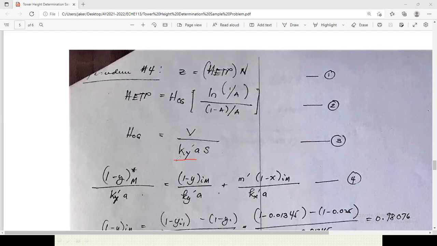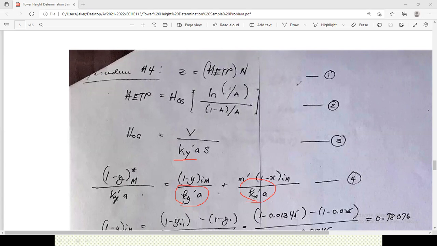It's not just the gas transfer coefficient, so overall. So we need to have a formula then to determine this one because what we know are just this and this. Okay, so this is the formula that we will use. That way you will be able to determine the capital K sub y prime a, which you need here in the HOG, which you need to substitute here to find the HETP.